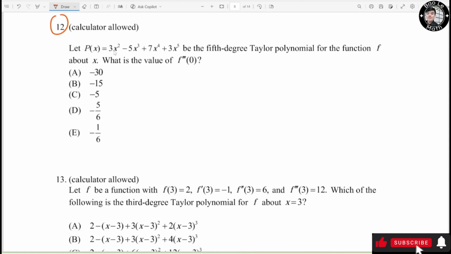Let P of s equals 3s squared minus 5s cubed plus 7s to the 4th plus 3s to the 5th be the 5th degree Taylor polynomial for the function f about s equals 0. What is the value of f triple prime of 0? The coefficient of s cubed is given by f triple prime of 0 over 3 factorial in the Taylor polynomial expansion, right?